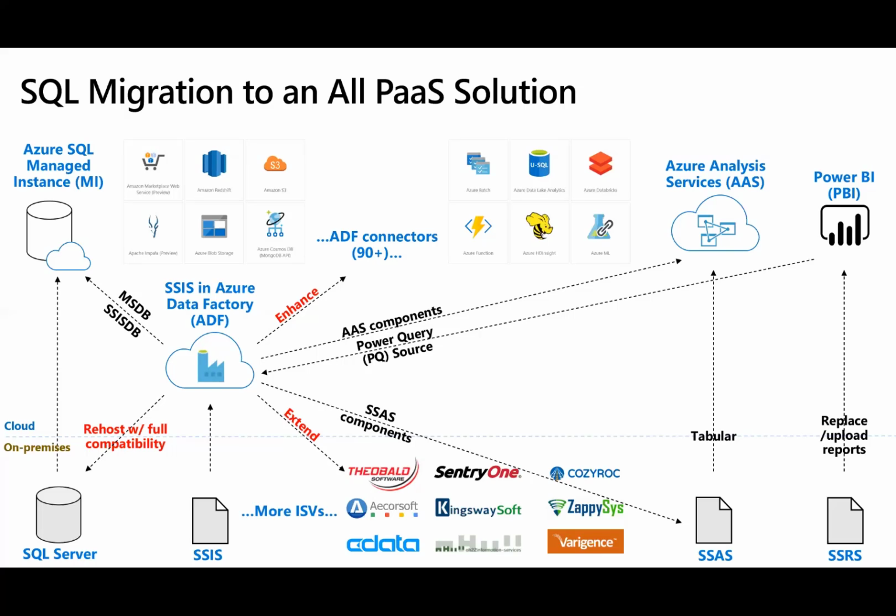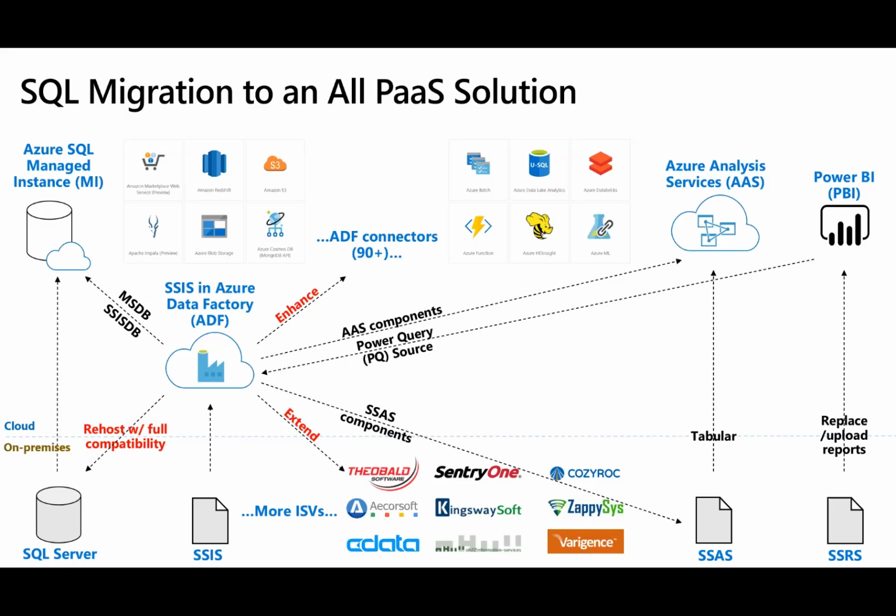In this case, we have all our partners already adapting their components to run on SSIS IR. For example, Theobald Software provides SAP connectivity, right? And also Varigence, Zappysys, COZYROC, SentryOne, etc. One thing I'd like to highlight is that one of our partners in Germany, called oh22 Information Services, built a cloud alternative as a replacement for Data Quality Services.